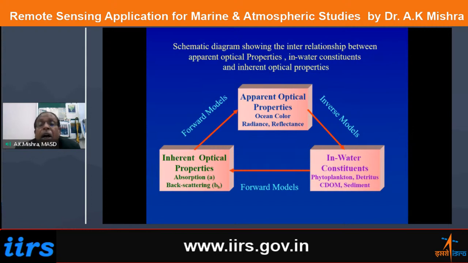Then inverting that model, you will get the constituents present in the water. That's what we are implementing these algorithms to retrieve the substances present in the water from the radiance or reflectance that is determined from the satellite sensor.